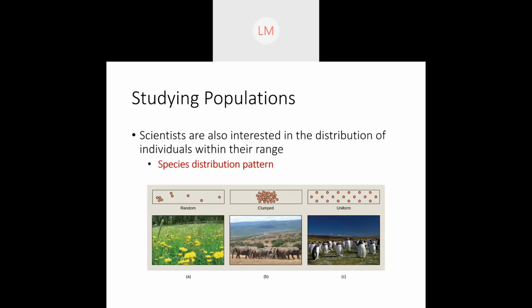So they are evenly distributed. So this is typically going to be some sort of territory situation. Sometimes there are plants that secrete specific chemicals that prevent other plants from growing nearby. So that might be another example, but something is preventing them from being closer to one another.